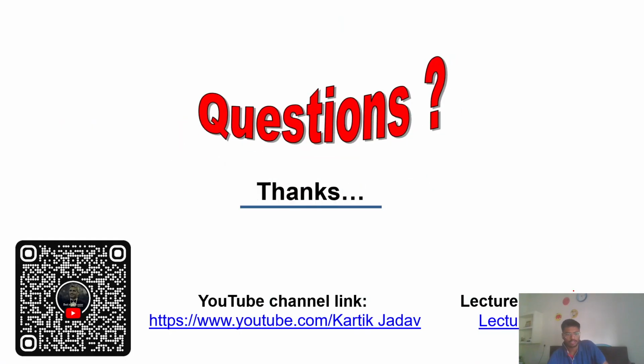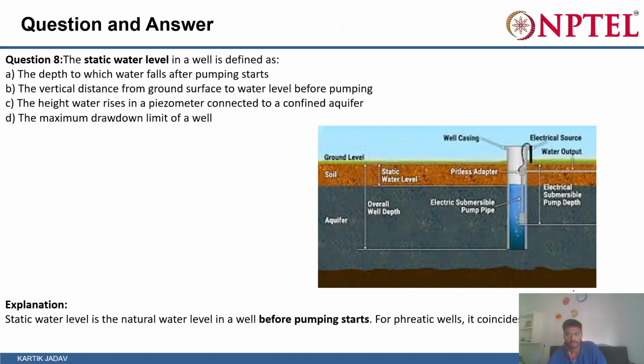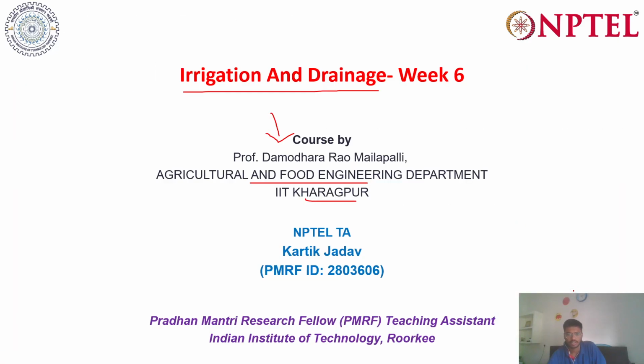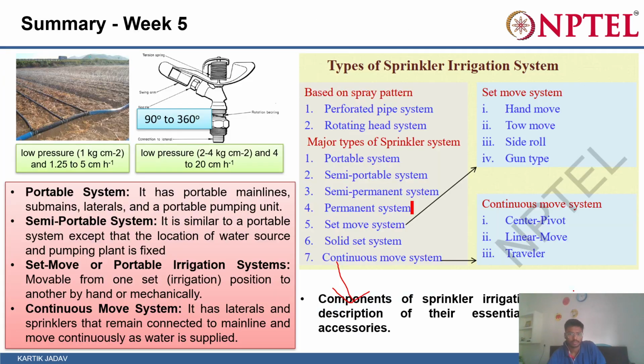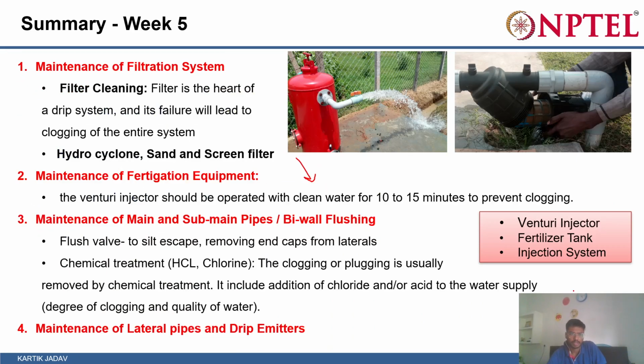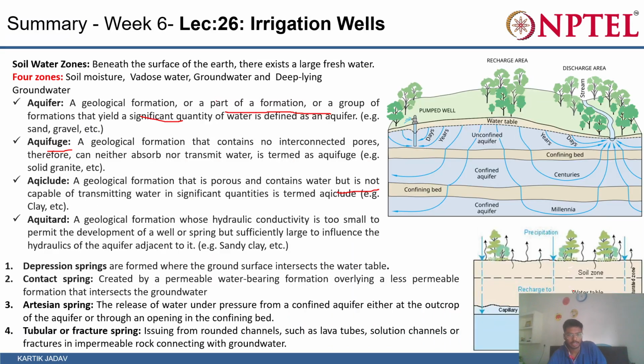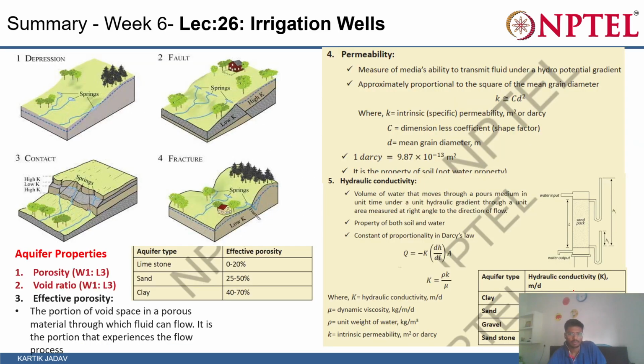So with this we have ended this lecture. In this lecture, we have basically discussed irrigation wells. We have also quickly summarized week number 5, about sprinkler and drip irrigation systems. Then we discussed irrigation wells, like what are the fundamental aquifer properties that govern the storage and transfer of water from one place to another.